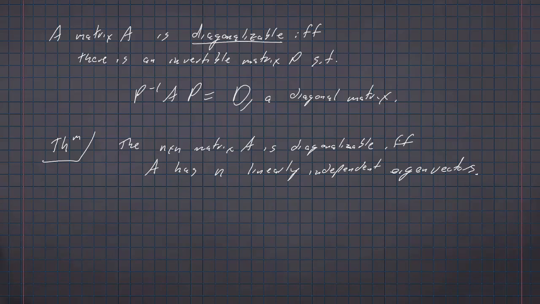The n by n matrix A, it turns out, is diagonalizable if and only if A has exactly n linearly independent eigenvectors. Remember that matrix A, an n by n matrix, has up to n eigenvalues, and each eigenvalue has one or more eigenvectors. Well, infinitely many, but a vector space of eigenvectors.